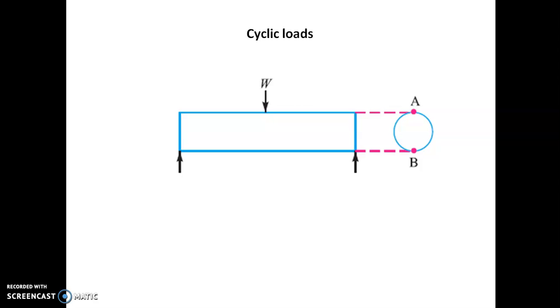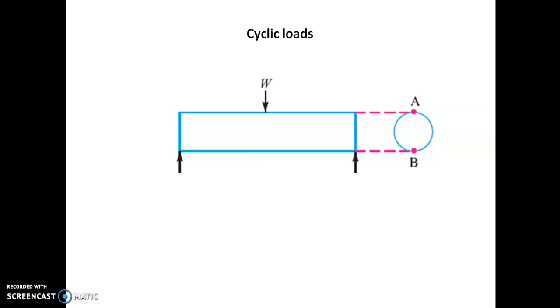So it occurs under dynamic conditions. It is also called dynamic loading. Under static conditions, this type of condition will not occur. In cyclic loading, the material will fail well below its yield point, whereas usually materials elongate or fail at the yield point.